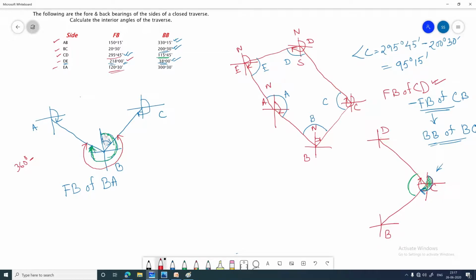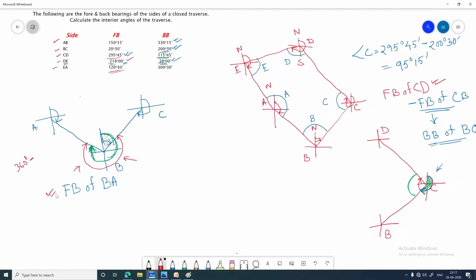How? Look, this green portion is actually the forebearing of BA, and this shadowed line, this small angle, is the forebearing of BC. That means here I am watching from B to C side, and in this case I am watching from B to A side, right?